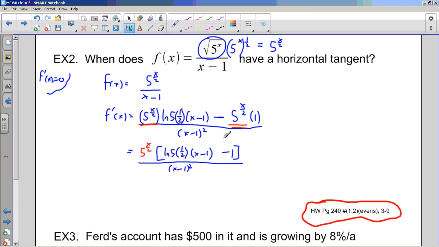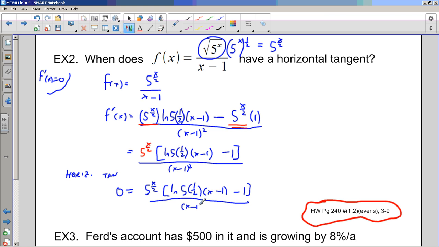Isn't that beautiful? Well, for a horizontal tangent we want to set this thing equal to 0. So horizontal tangent is when that's equal to 0. And so I want to solve this. I've got this big long mess that's not only a rational function because of the divide, but it's also an exponential function because of this, right?